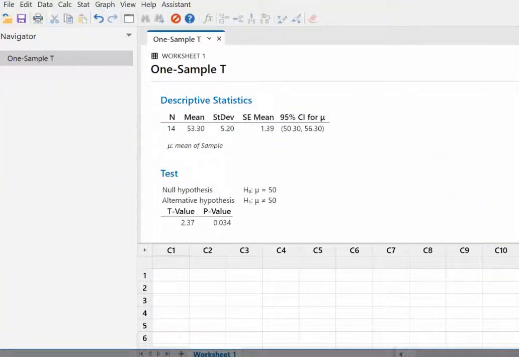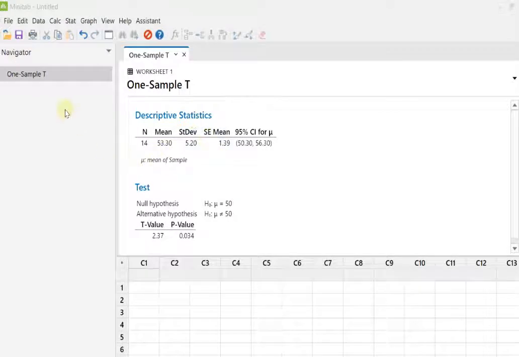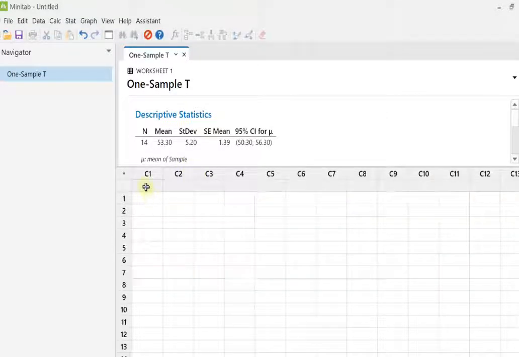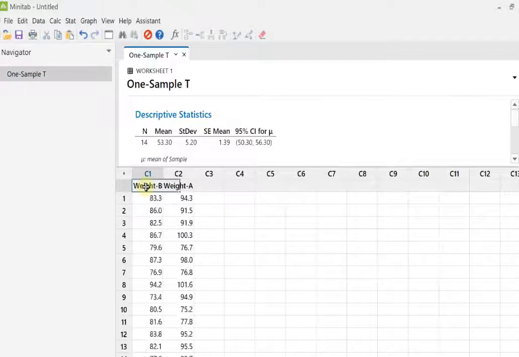That's what I want. Okay, perfect. Now you can see the entire viewing screen with Minitab. Remember, this is our one sample t-test that I did from the previous lecture. Now in order to do today's lecture, I'm going to go to this cell and press Control V.